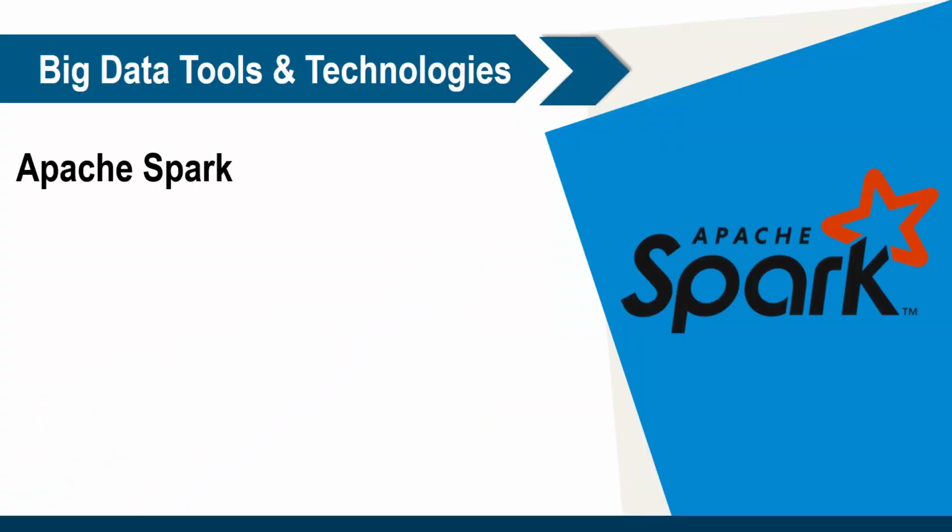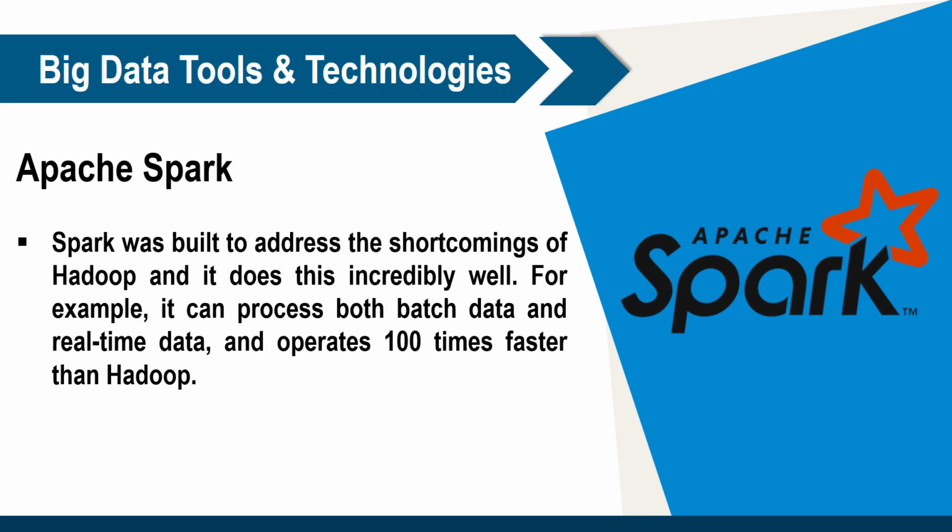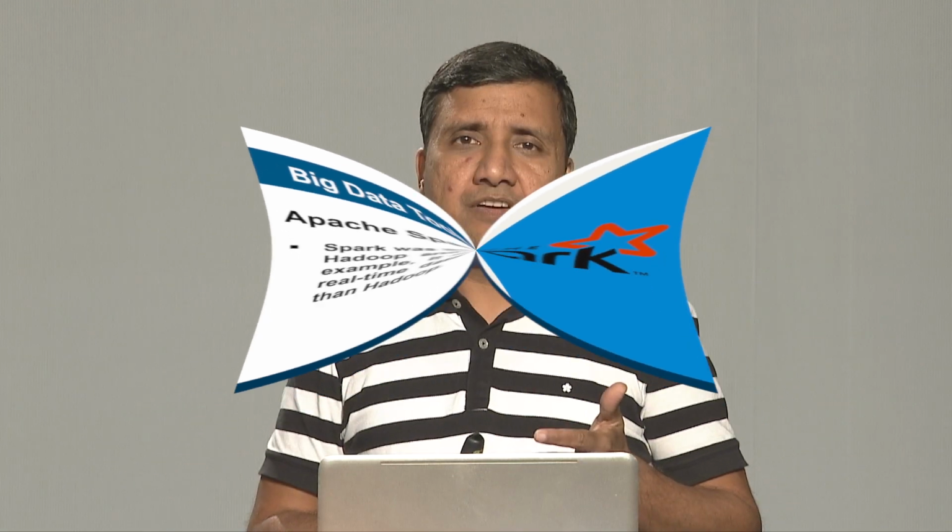The second tool, Apache Spark, was built to address the shortcomings of Hadoop. This is a very powerful tool. It allows general purpose computing as well as processing big data, working with graphs, and you can run machine learning libraries in Spark.